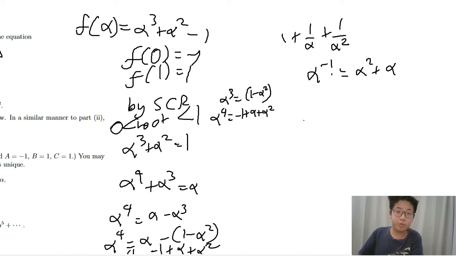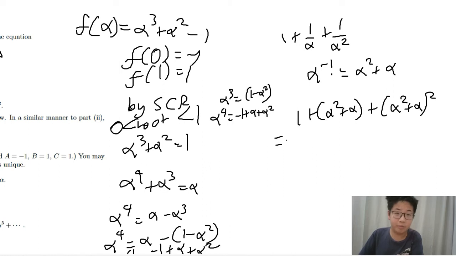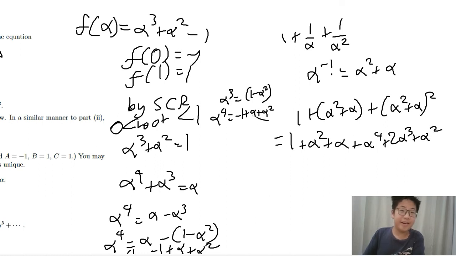So we're going to write 1 plus alpha squared plus alpha, and we're going to expand this binomial. As you know from the binomial theorem, you will have alpha to the 4 plus 2 alpha cubed plus alpha squared. See our identities list here? It's going to be really helpful when we move on.